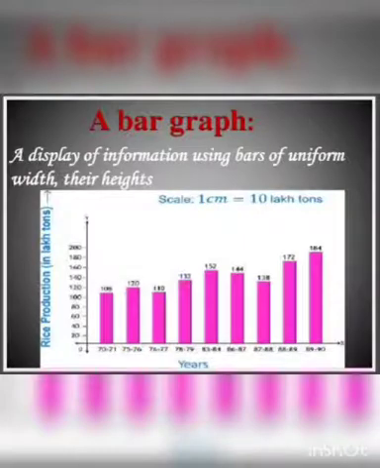And once again, in the last one, that is 1989-1990, the rice production is 184 lakh tons. So in this way we represent the information in the form of a bar graph. There are rectangular bars if you observe. So this is nothing but a bar graph.